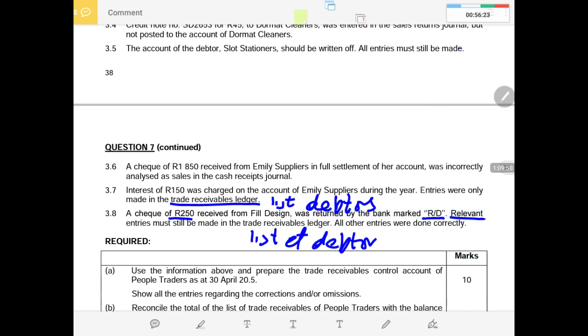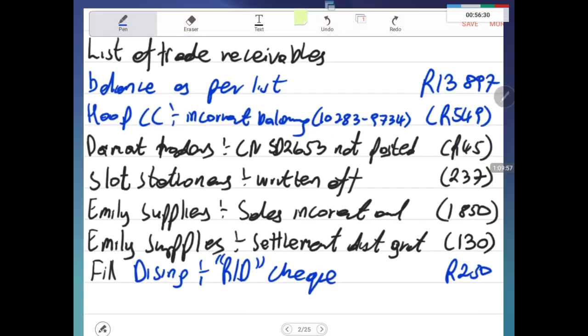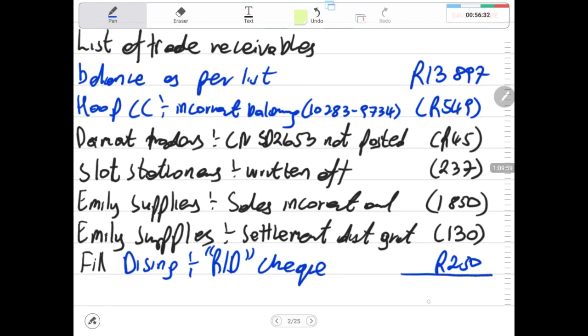So with this, guys, I have tried as much as I can to explain. Now all that we need to do is just to balance our two accounts and see if they really come to a balance and a reconciliation.